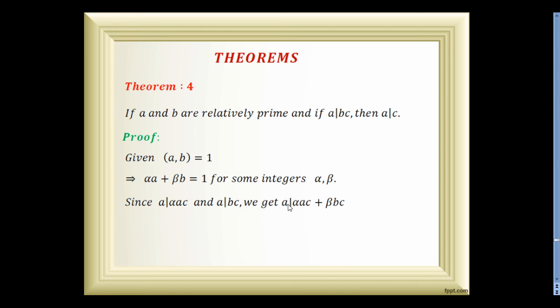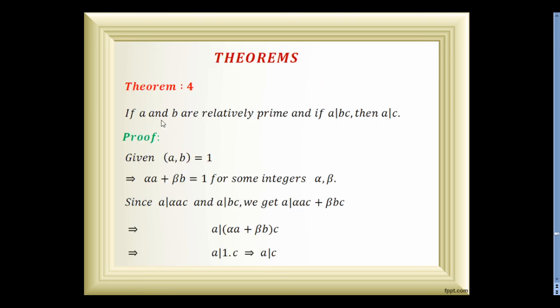We get A divides A into alpha AC plus beta BC. So it is obviously A divides, you can take C commonly outside, A divides alpha A plus beta B into C. Now this can be written as alpha A plus beta B, already we have taken it is 1. So A divides 1 into C, which implies A divides C. So here by taking A comma B relatively prime, if A divides BC, then we have proved that A divides C.